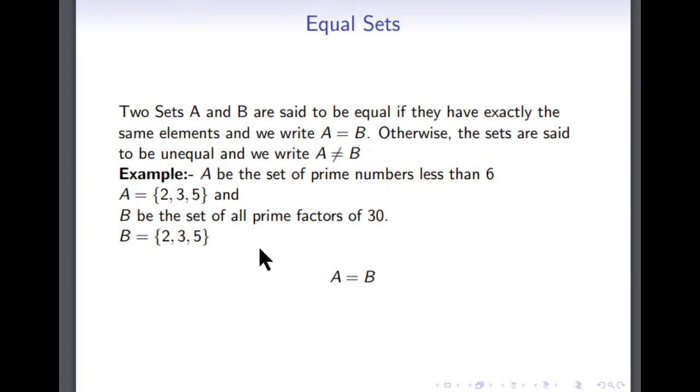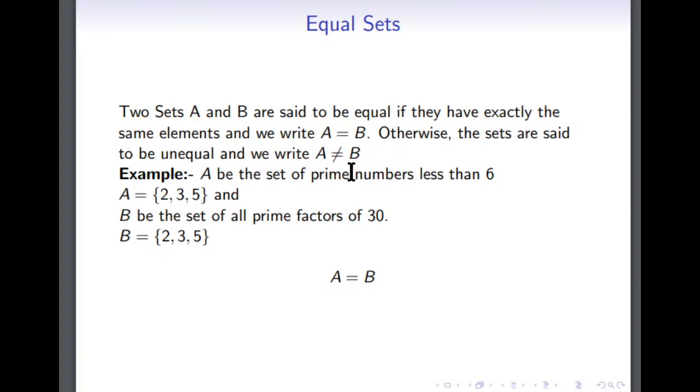So in this case, it is very easily visible that set A and set B have different definitions, but the elements in them are exactly equal. Set A is equal to set B. If two sets are not equal, we will represent it by A not equal to B.